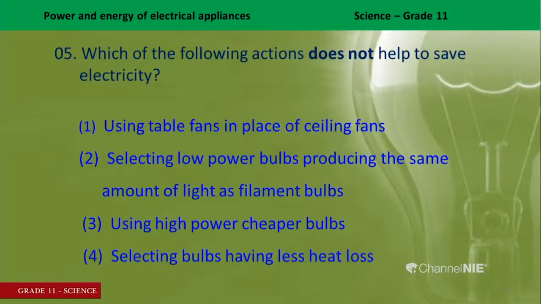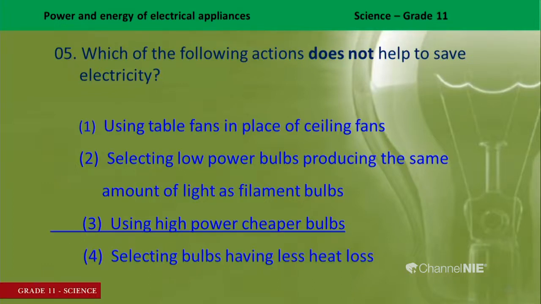Think whether it helps or it does not. Selecting low power bulbs producing the same amount of light as filament bulbs. Third one, using high power cheaper bulbs. And the fourth one, selecting bulbs having less heat loss. So, what do you think? Which of these actions does not help save us electricity? See whether this is your answer.